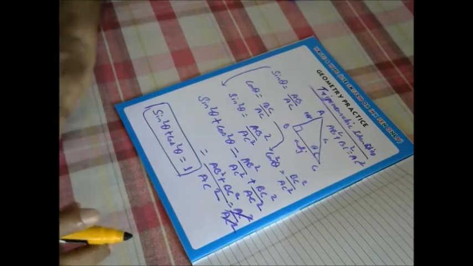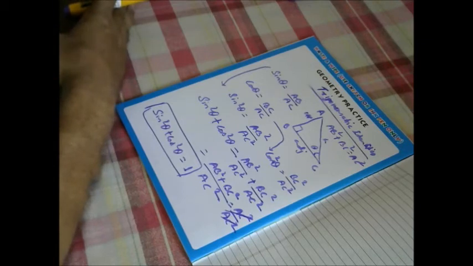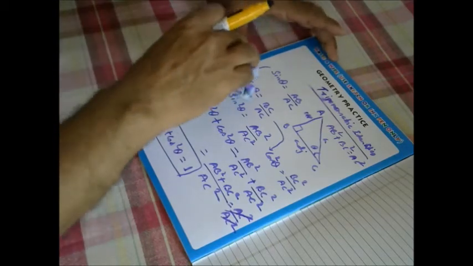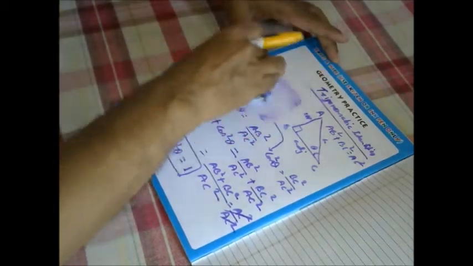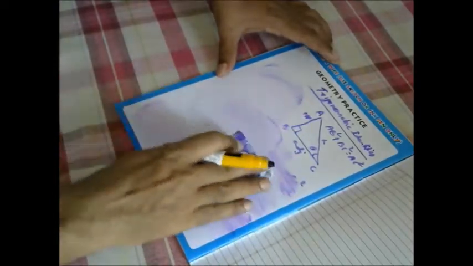In this way we can prove the identities also. Similarly, I will tell you how tan square theta plus 1 becomes secant square theta, utilizing the same thing.